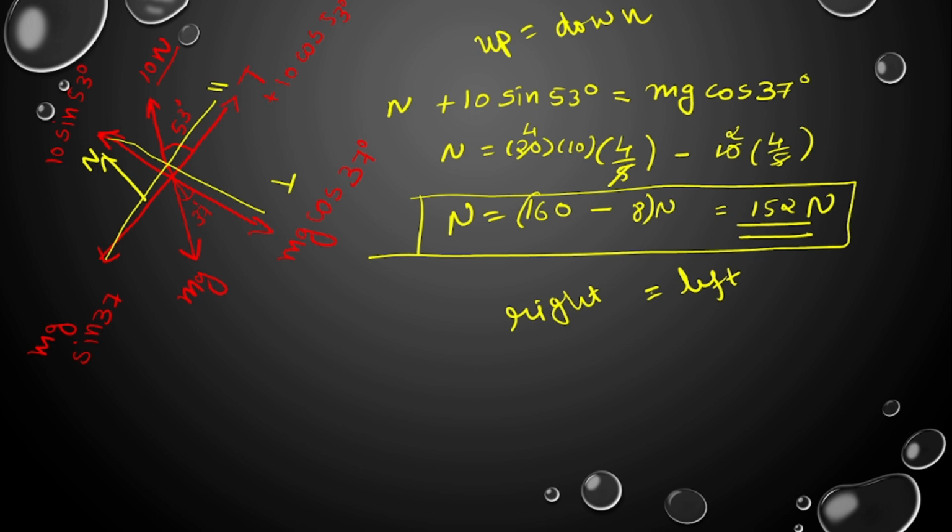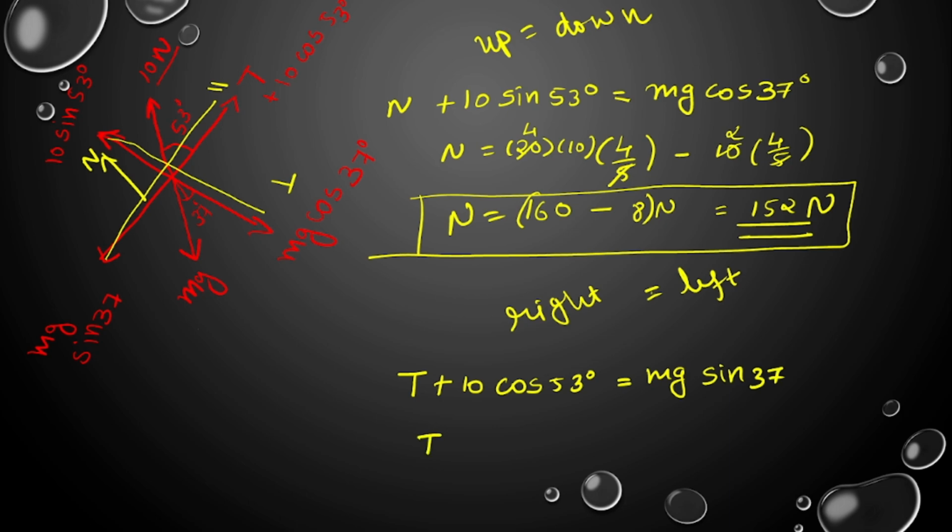Okay, right equals to left. So right is tension plus 10 cos 53 equals to left, mg sin 37.